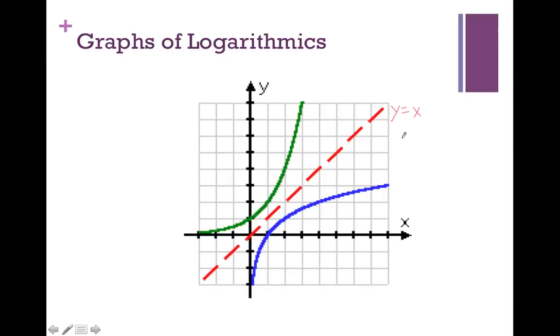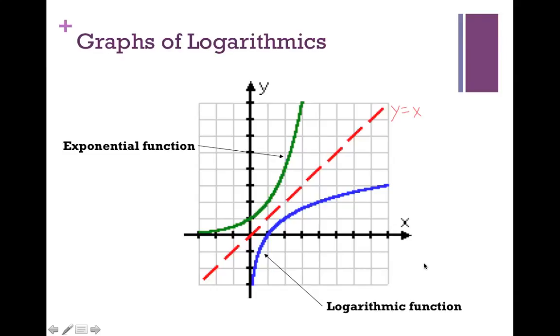And if you remember from when we talked about inverse functions last year, graphically inverse functions have to be reflections of each other through the line y equals x. So if my green graph represents an exponential function, which hopefully you recognize it does, then the reflection of that would be the blue graph, and the blue graph then would be a logarithmic function.